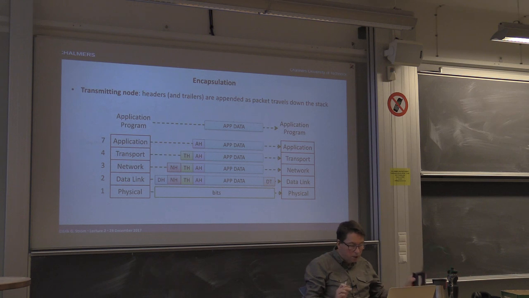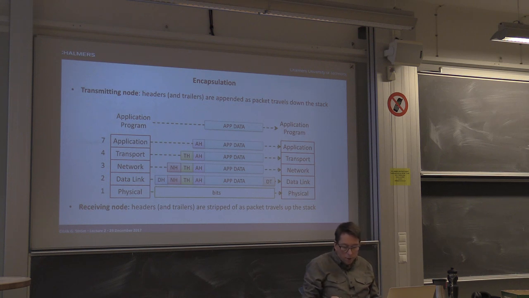So what happens at the receiving end here? At the receiving node, these bits are received by the physical layer and pushed up. The data link layer then inspects the data link header and trailer, and if everything is okay, it pushes the data up to the network layer, which gets the network header and this stuff.